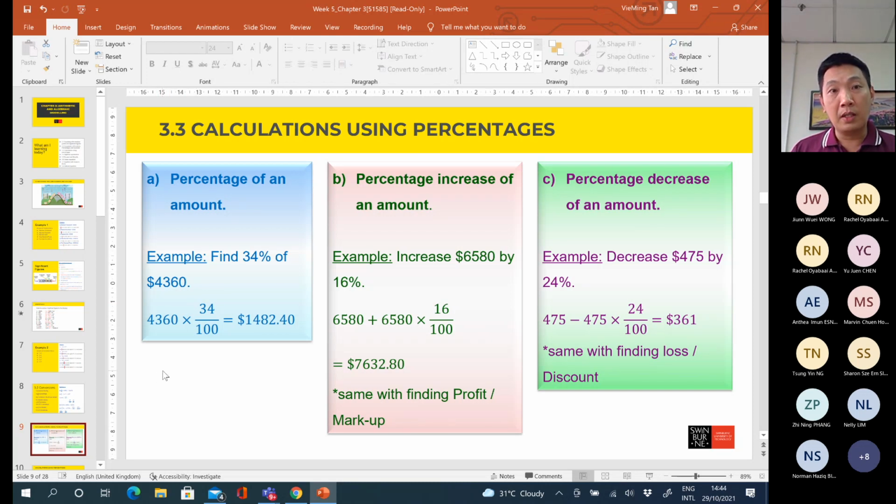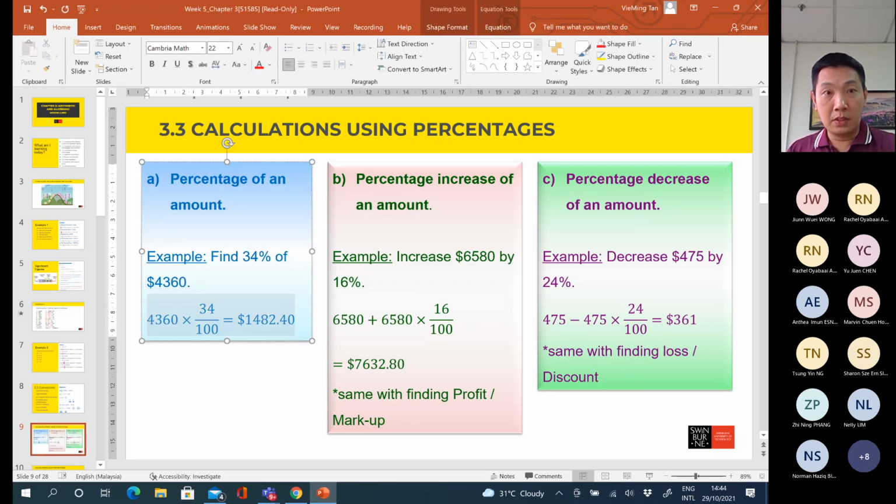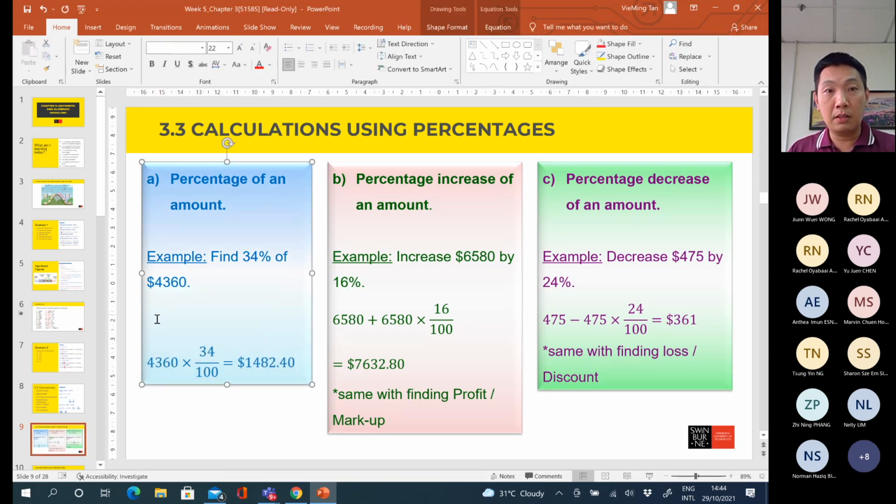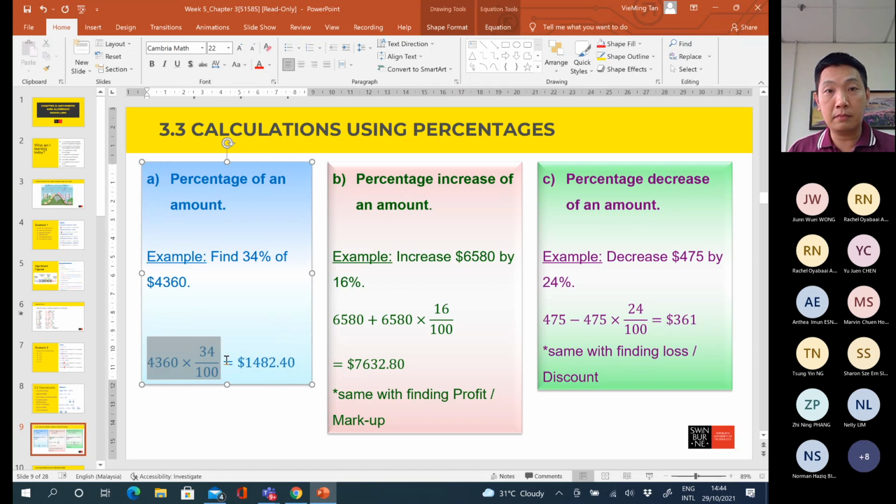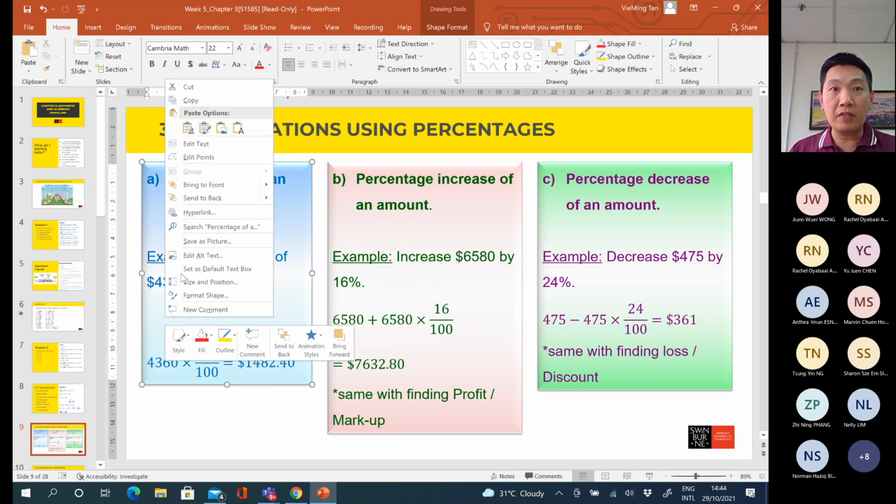So how to do so? What you can do is use 4360 multiply 34%. Actually, the first step is like this.